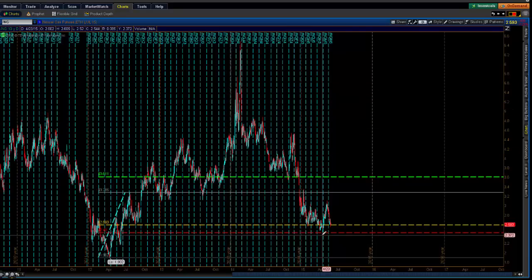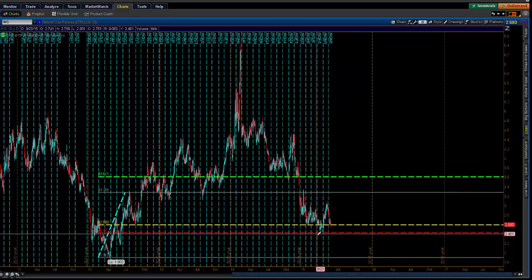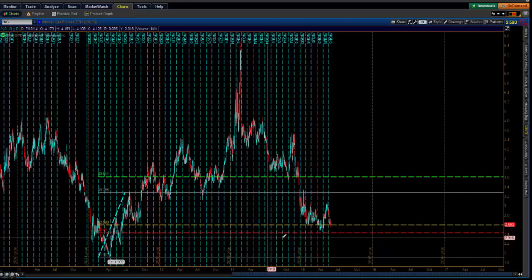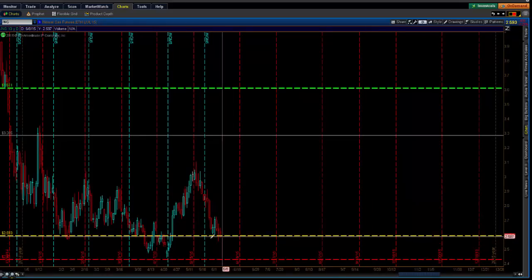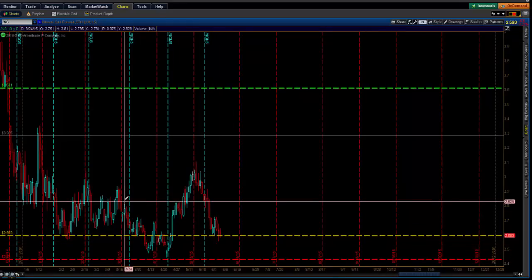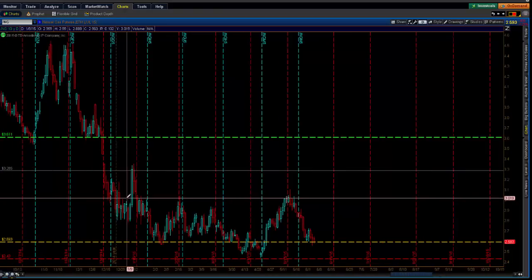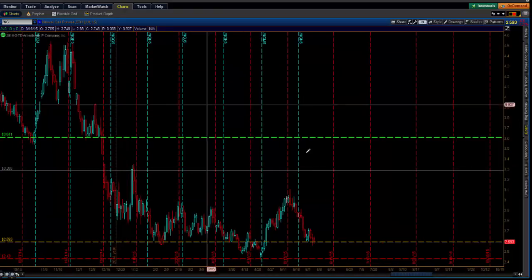For you nat gas heads, this may be something to really pay attention to over the next month or two. I'm not sure how long this will take to develop, but as you can see now, this long is trading. It still has to break a short, of which I do not believe it has broken yet.